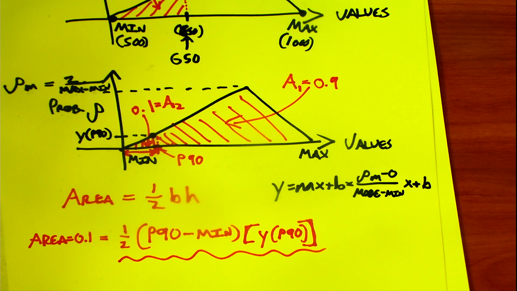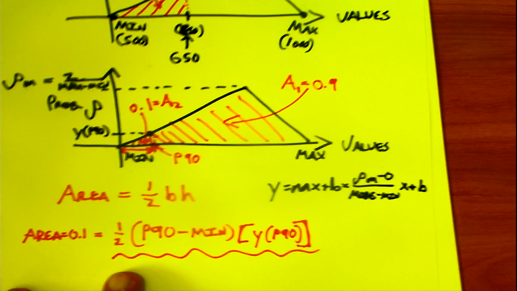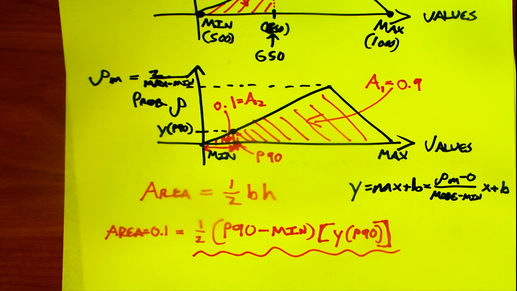So we can say that the area of this triangle must be 0.1. From this, we can solve what's going to be a quadratic expression and get what my P90 should be. Cool beans. You can do that same thing for P50 and P10 as well, just at different points. Might have more or less math to do, but it's all the same.